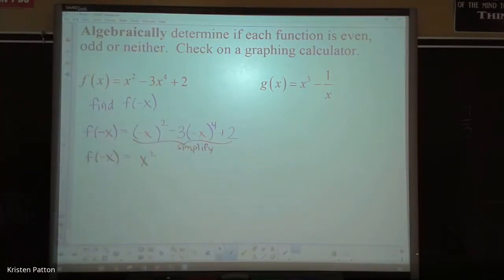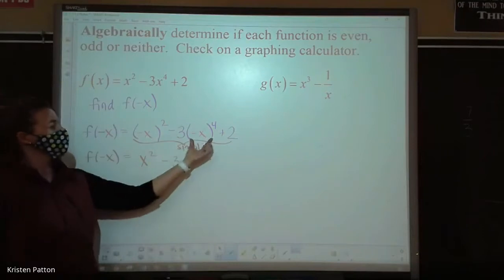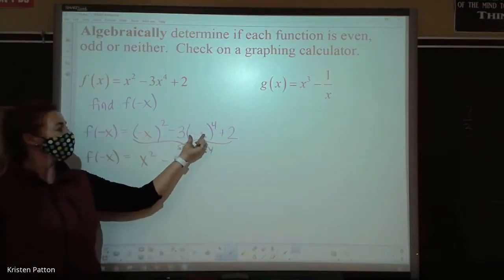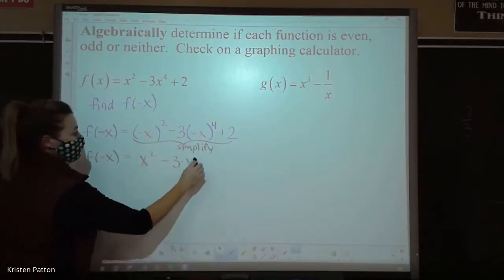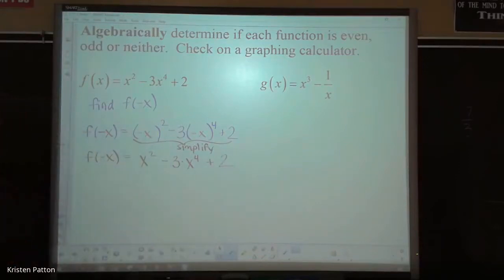We already did that. You know how I like to do that ahead of time. Here we have minus 3 times. Do you remember how we said also at the beginning of class today? Negative x raised to an even power will be x to that even power. And then we still have our plus 2.